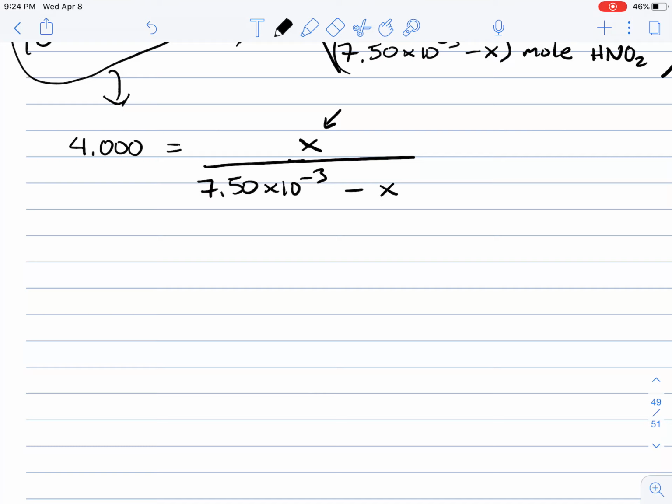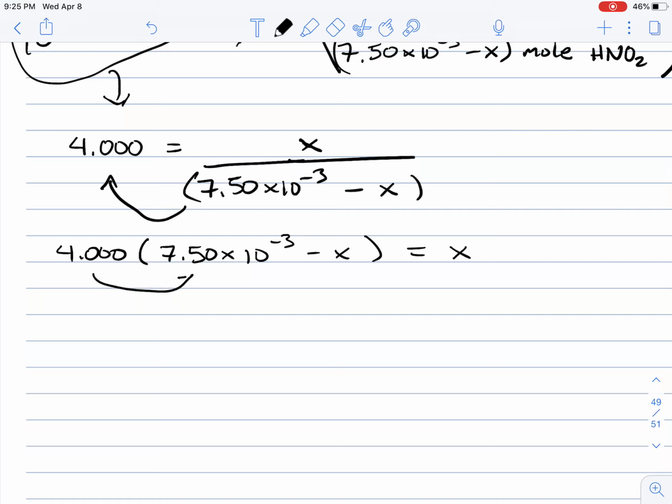So you will not encounter a quadratic equation. You just need to solve for x by taking this whole binomial and moving it to the other side. So this is going to be 4.000 times 7.50 times 10 to the negative 3 minus x, and that's going to equal x.